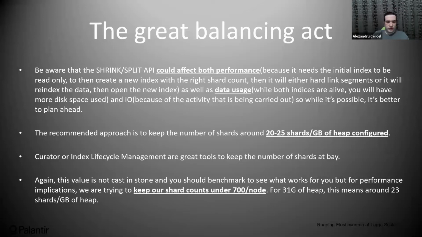Be mindful of using this. Again, the value is not cast in stone. When it comes to how our team looks at things, we're trying to keep our shard counts under 700 per node. So with 31 gig of heap, as we talked about on CMS, you're going to end up with around 23 shards per gig of heap.